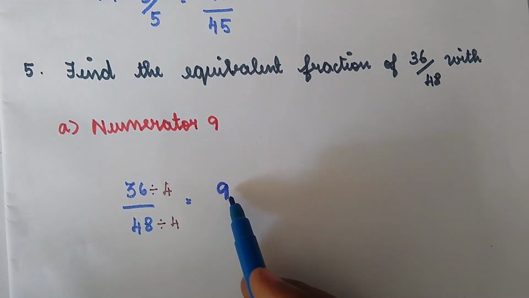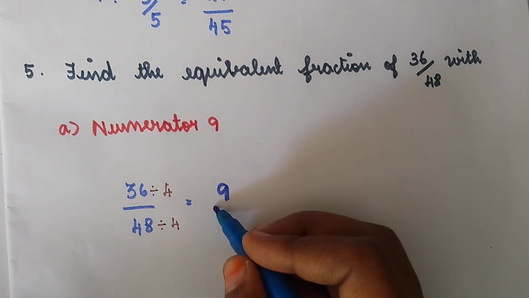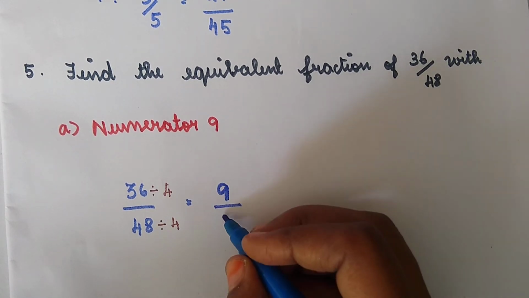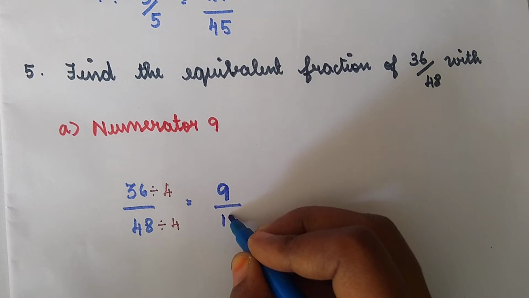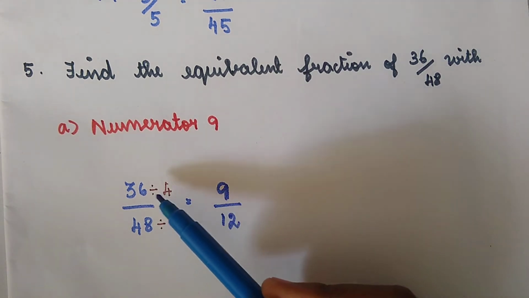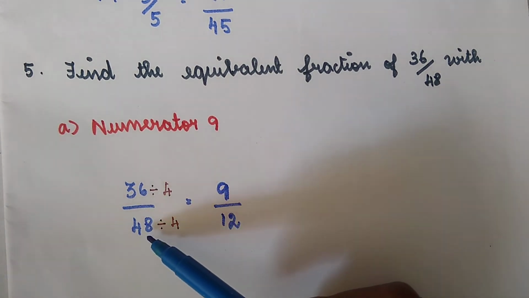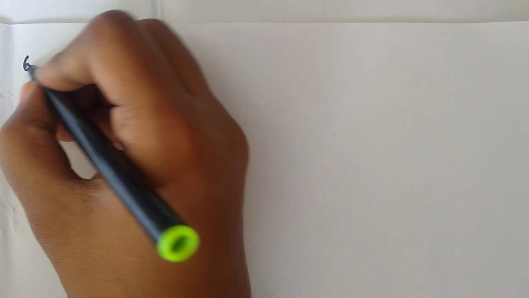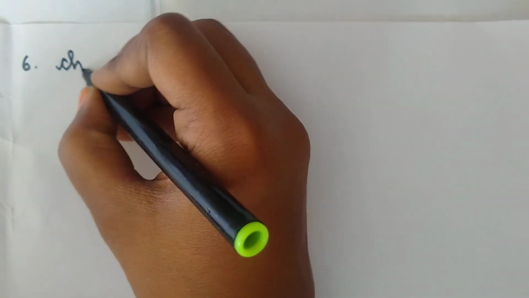Thirty-six divided by 4 means we get 9, and the same, 48 divided by 4 means we get 12. This is the answer. So 9 into 4 equals 36, 12 into 4 equals 48.